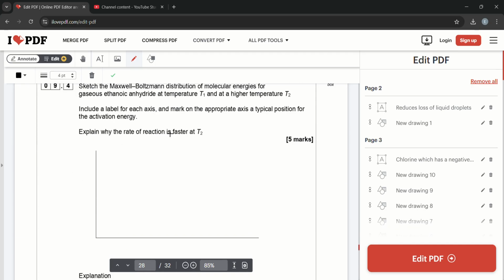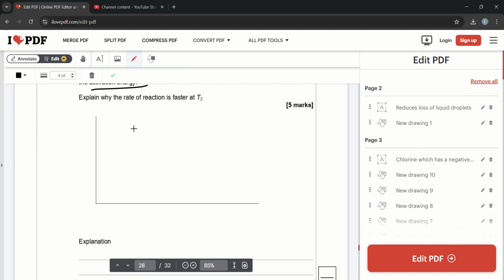And then 9.4, sketch the Maxwell-Boltzmann distribution curve at temperature T1 and at the higher temperature T2. Include a label for each axis, mark an appropriate position for the activation energy, and explain why the rate of reaction is faster at T2. So we should know already, we need an arrow here and an arrow here.